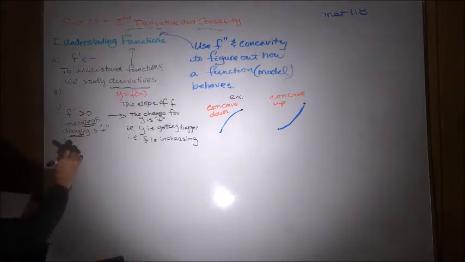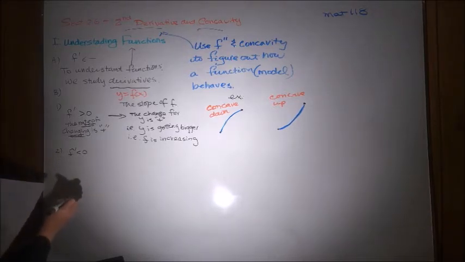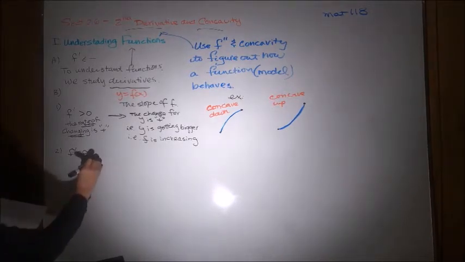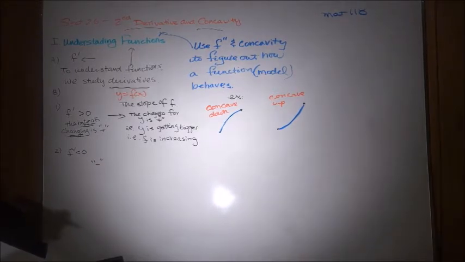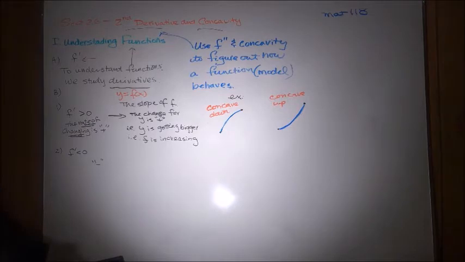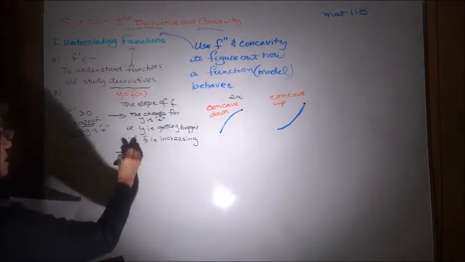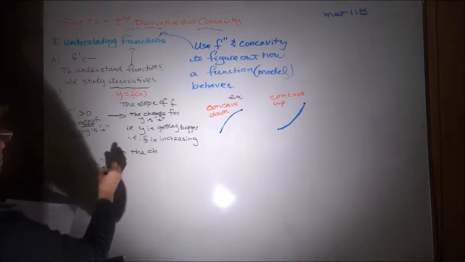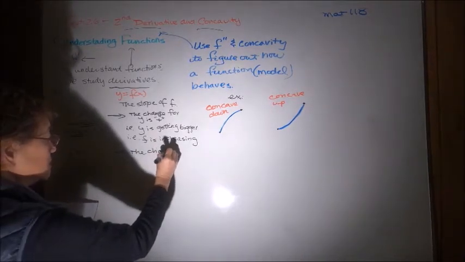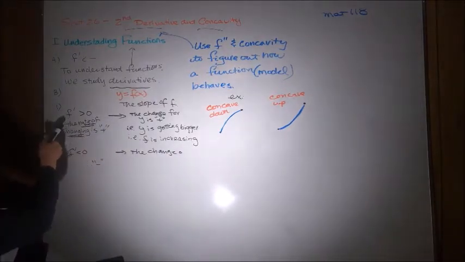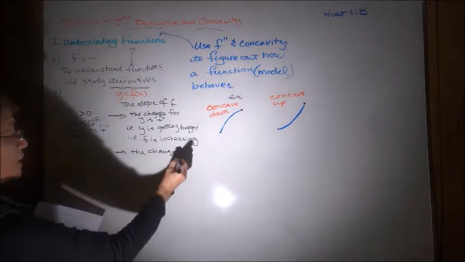So if f prime is less than 0, what does that mean? The rate of change is negative. That means the next y point is lower than this y point, right? It decreases. We say f prime is the rate of change, right?